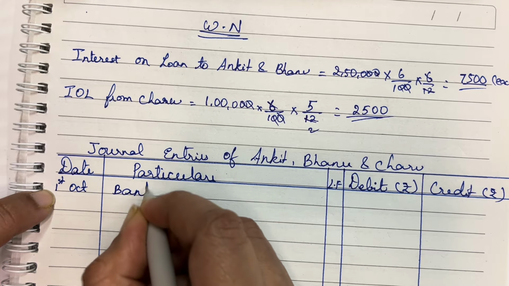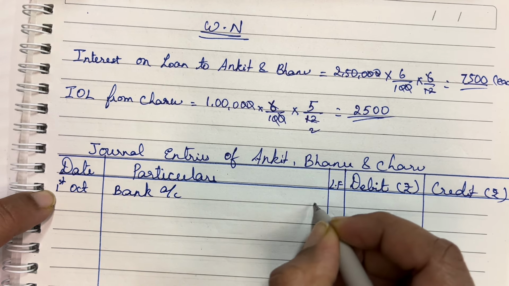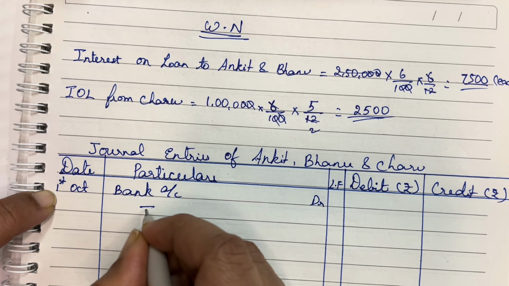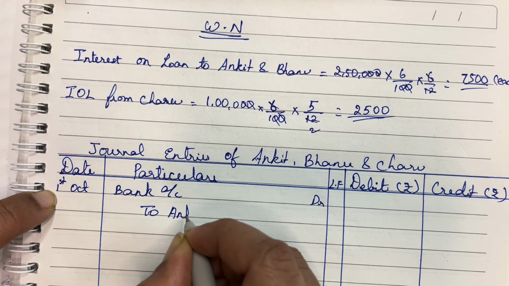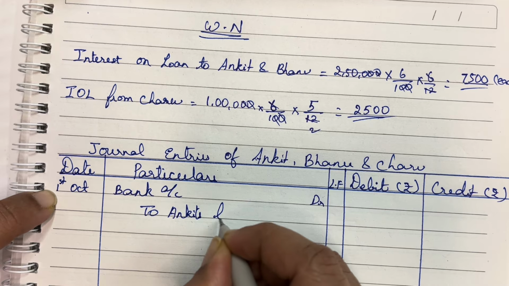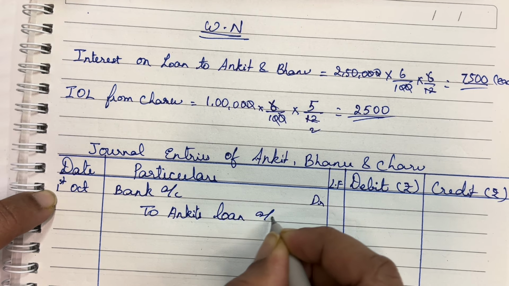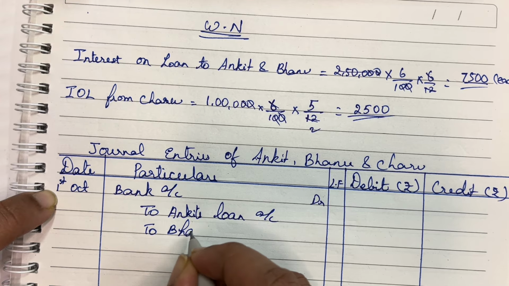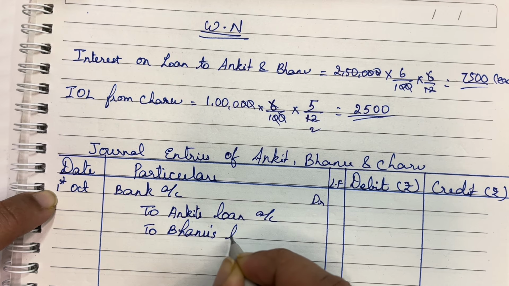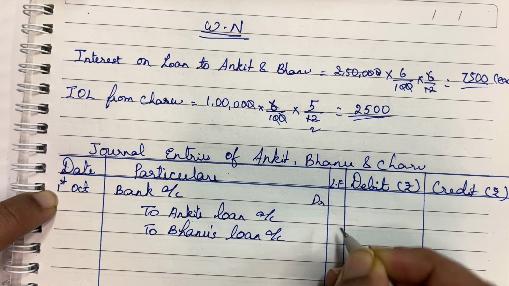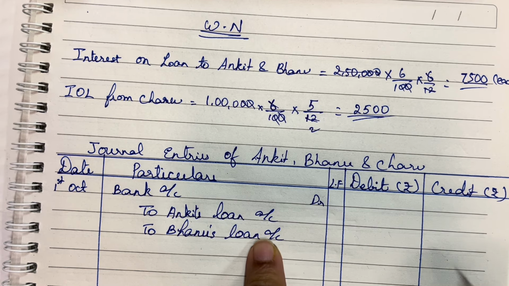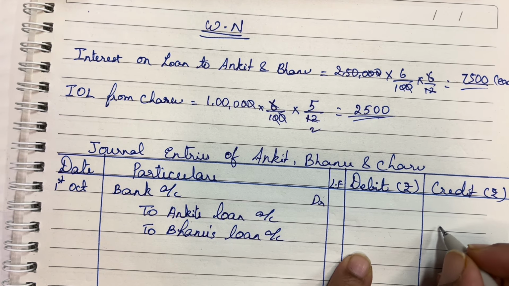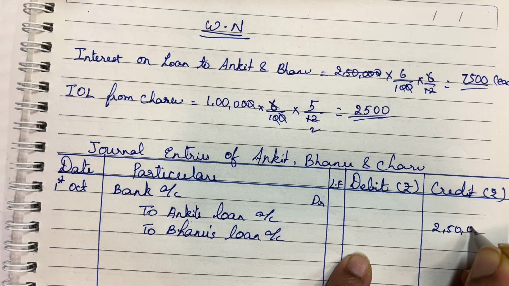It would be bank account debit to Ankit's loan account to Bhanu's loan account. Okay, how much was Ankit's loan? Ankit had given a loan of 2,50,000.